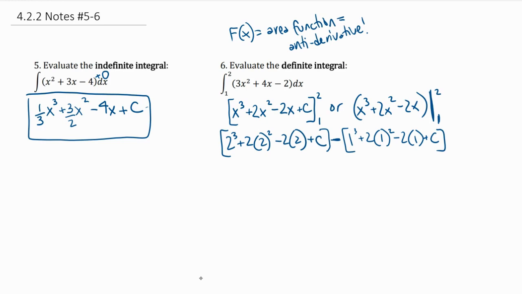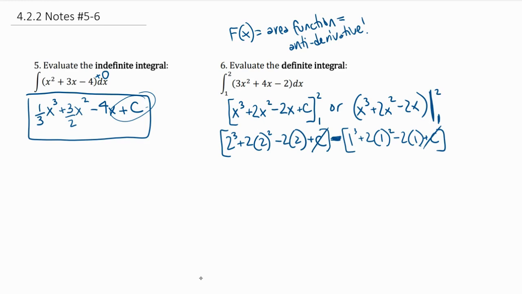So it's always going to be a subtract. Plug in your upper, plug in your lower, and subtract. Now you can see why even though I put a plus c here, you actually don't need it if you have a definite integral. For an indefinite, you do need it. But for a definite, you kind of don't, because c minus c just cancels, right? That's why you don't need to put a plus c.